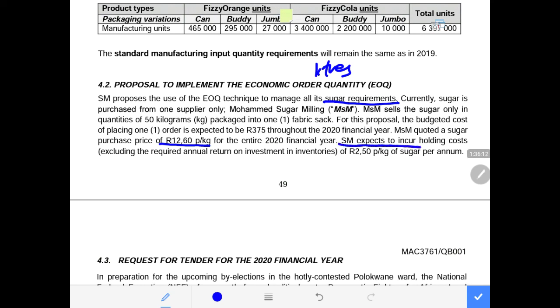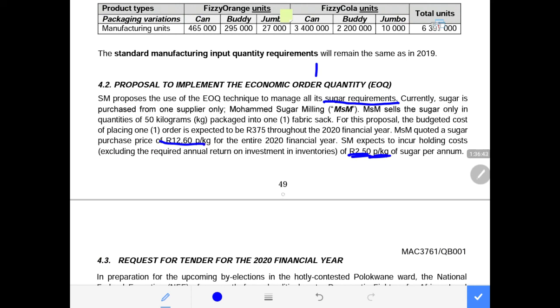SM expects to incur holding cost, excluding the required return on investment. Remember that the required return on investment of 10.5% that I said must be multiplied from the price. It is R2.50. Holding cost is R2.50 of sugar per annum, and this is per kg. Take note, this is per kg. This is also per kg.